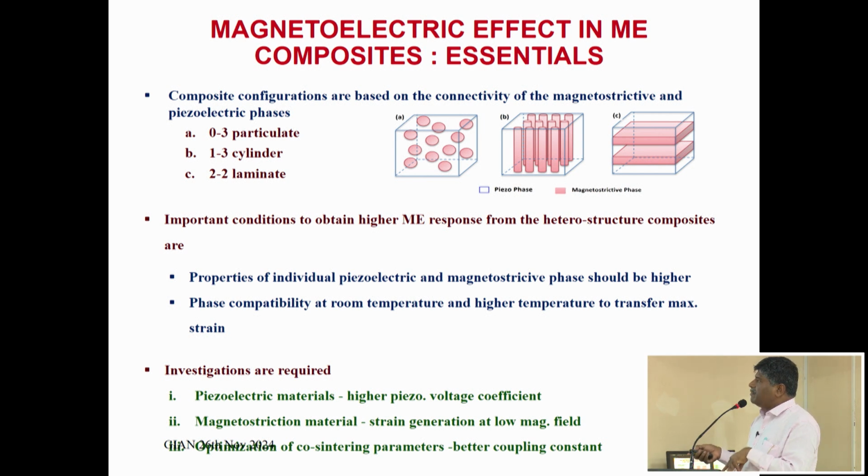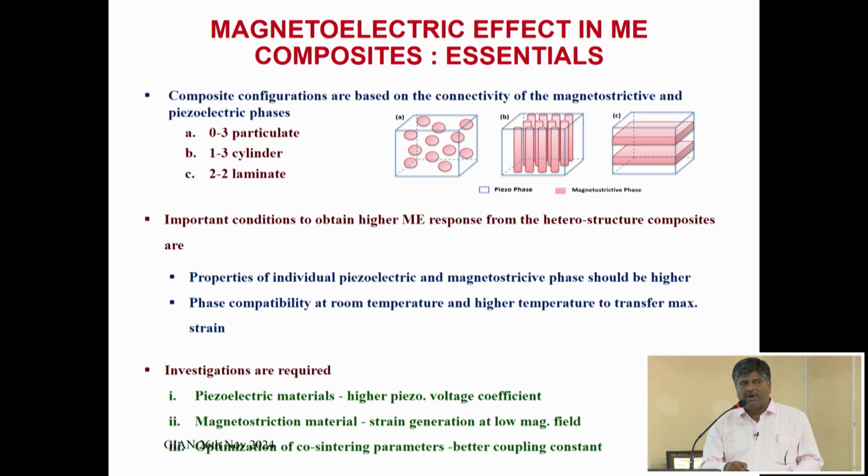Now, for the design of the magnetoelectric substance, what is required is that the properties of the individual piezoelectric and magnetic phases should be as high as possible, that is, the piezoelectric coefficient and magnetic coefficient should be as high as possible. Phase compatibility at room temperature and high temperature should be there, and the piezoelectric and magnetic materials should respond properly to the external electric signal and the magnetic signal.